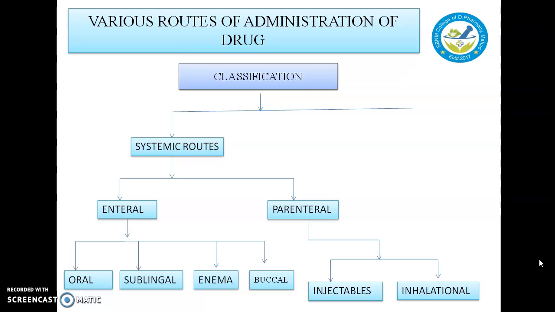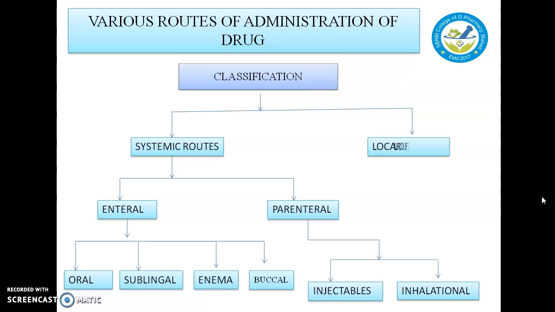We will see these routes in detail in the next lecture. In the inhalational route, a vapor form of fine droplets of the drug is inhaled into the respiratory tract system for diagnosis.